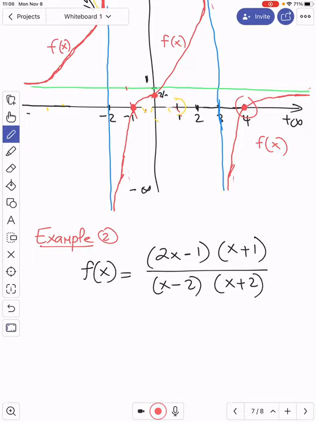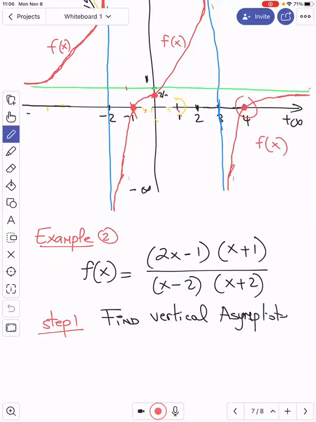All right. So again, the same steps. Step 1. So we need to find the vertical asymptote. As we said, just solve denominator equal to 0.